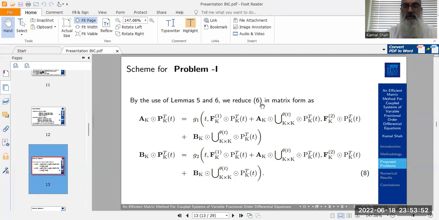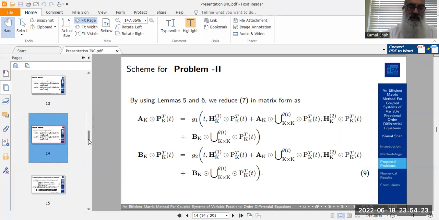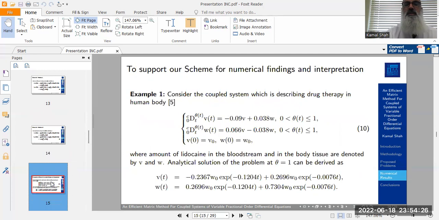Similarly, using lemmas 5 and 6, we have already established two operational matrices for variable order integration and differentiation, which reduce system 7 to a matrix equation. Now, using computational software like MATLAB or Mathematica, we solve these systems for the coefficient matrices A, K, and B_K. When we get these coefficient matrices, we put them in the corresponding relation to get the numerical solution.